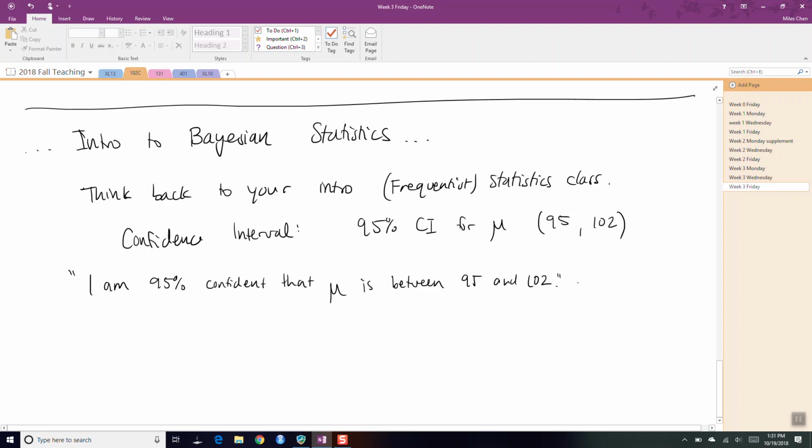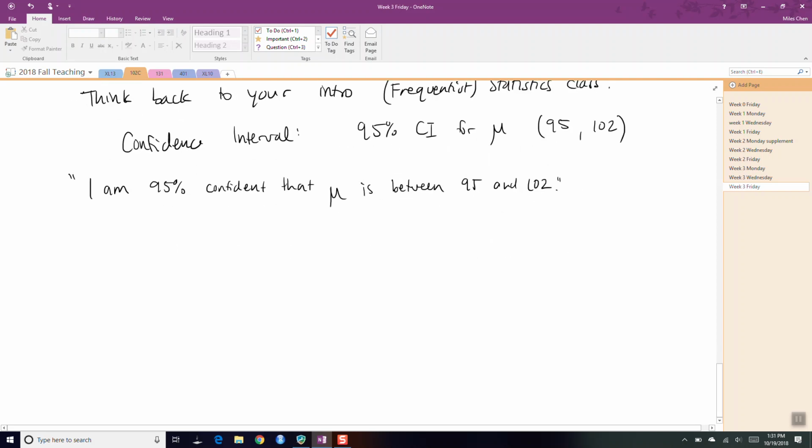Right? Okay, and so what does it mean to be 95% confident that mu is between 95 and 102? Why did we have to use this phrase, I am 95% confident? Why did we not say there's a 95% probability that mu is between 95 and 102?